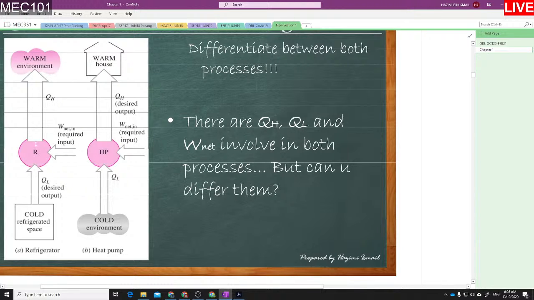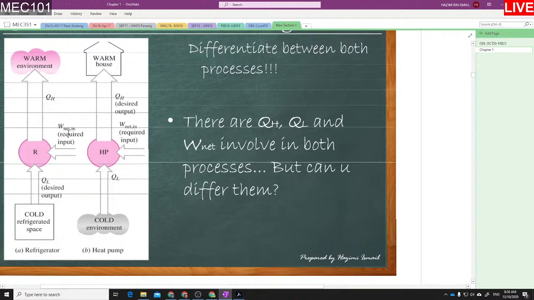Okay, the same as refrigeration and heat pump. If we don't give the system the work net required, the process will go back to the natural process, which is heat transfer from high temperature to low temperature. If you put in work energy, then you reverse the direction, and heat is transferred from the cold refrigerated space, from the low temperature region to the high temperature region.